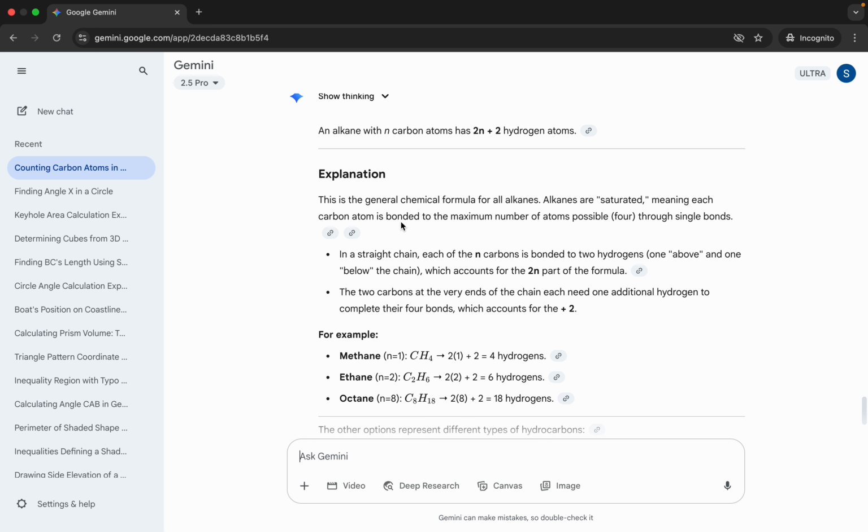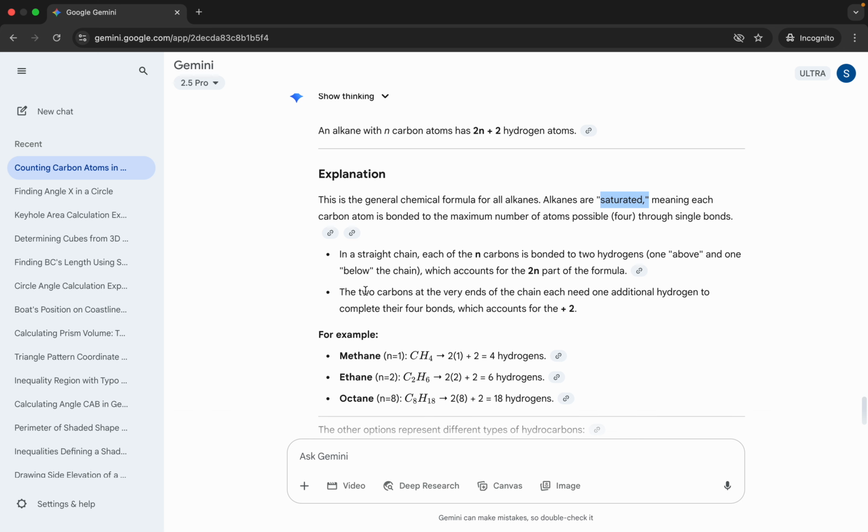This is the general chemical formula for all alkanes. Alkanes are saturated, meaning each carbon atom is bonded to the maximum number of atoms possible, that is 4, through single bonds. In a straight chain, each of the n carbons is bonded to 2 hydrogens, which accounts for the 2n part of the formula.